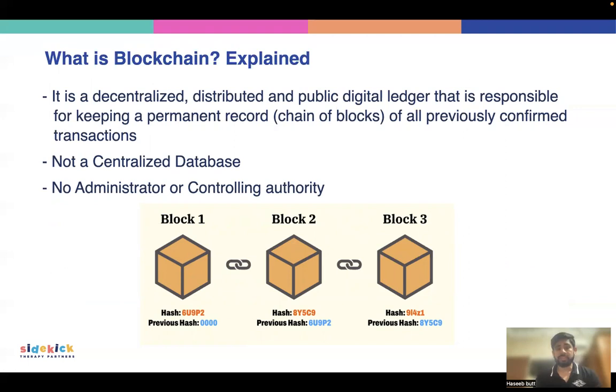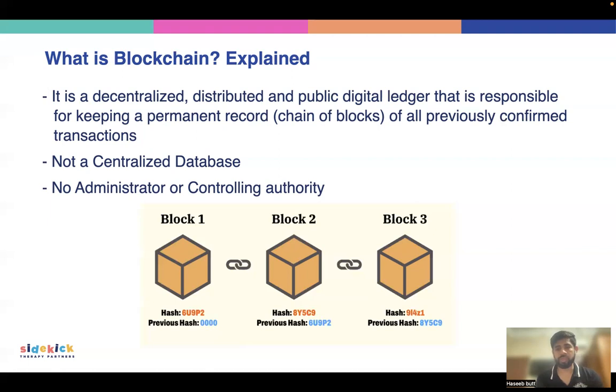It means that it's not a centralized database like MySQL. We have other databases available that have a server and a data center, you can say. But this blockchain is a distributed technology that is not centralized or based on one computer.